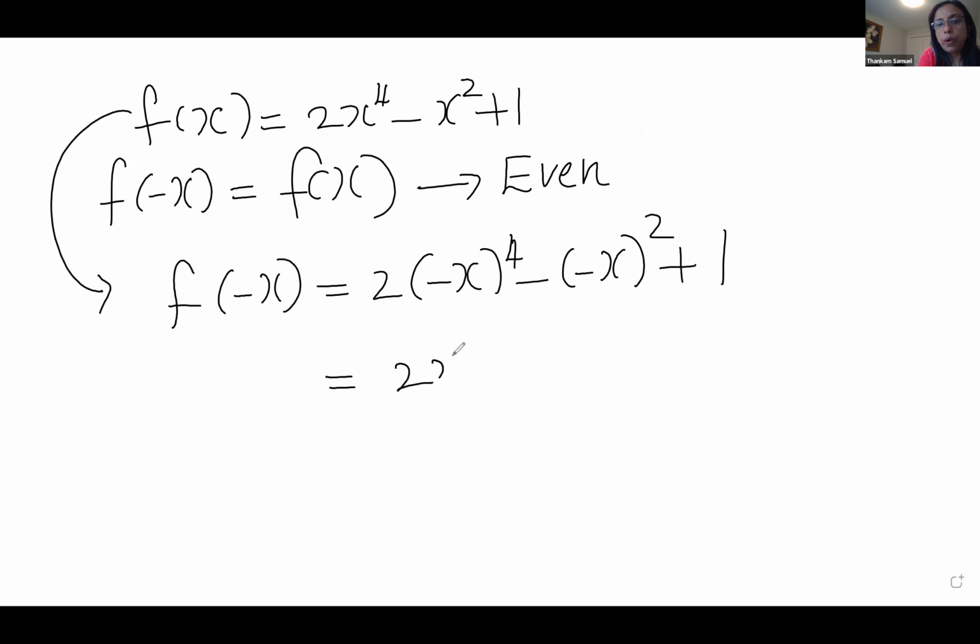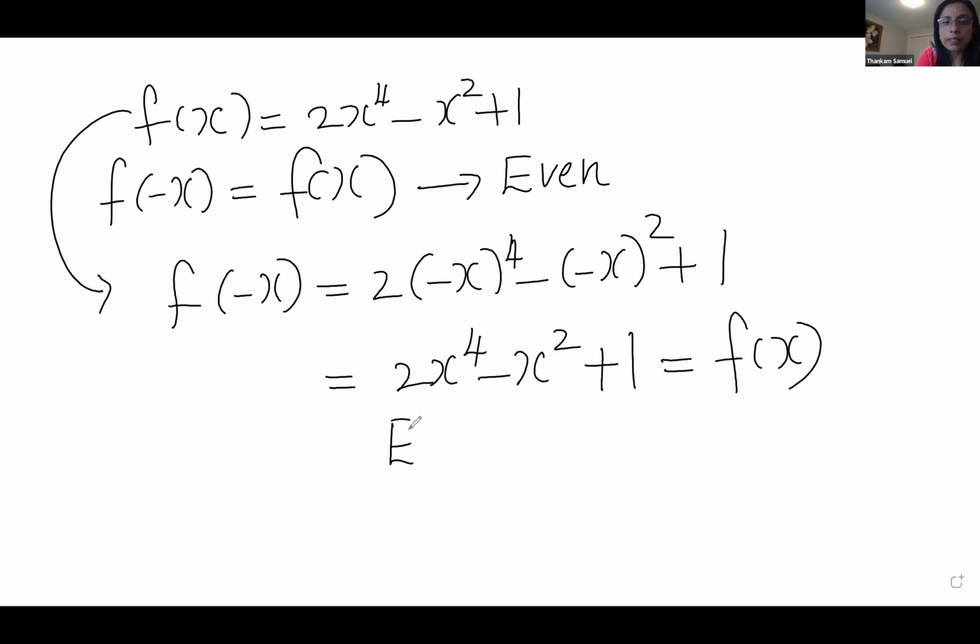So 2x to the 4 minus negative x, the whole quantity squared, is positive x squared. So keep that negative sign. So we have positive x squared, then plus 1. And you can see that this is the same as the given function. So we can conclude that this is an even function.